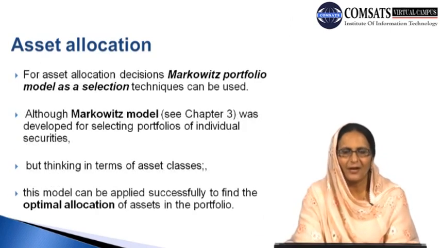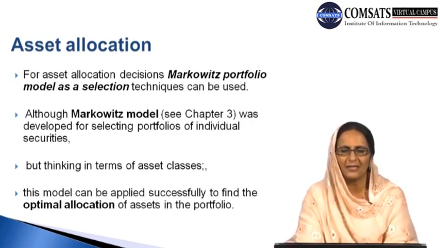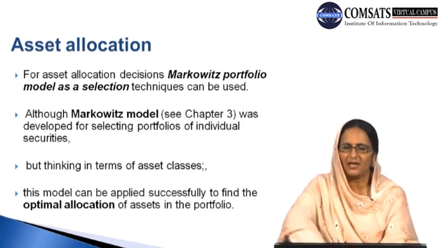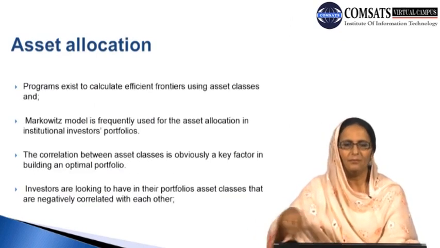For asset allocation decisions, the Markowitz portfolio selection technique can be used. Although the Markowitz model that we discussed in detail in chapter number 3 was developed for selecting a portfolio of individual securities, thinking in terms of asset allocation, this model can be applied successfully to find the optimal allocation of the assets in the portfolio.